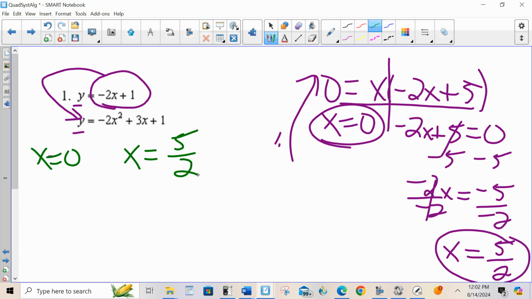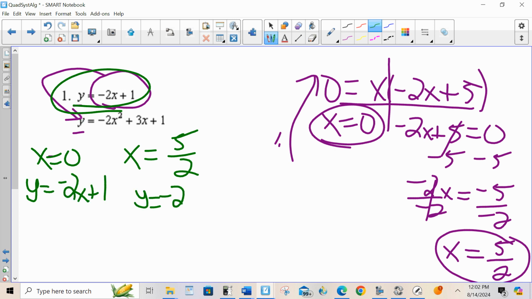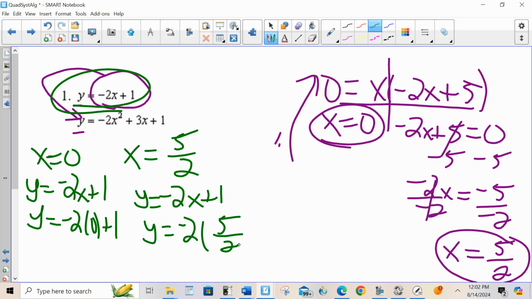Now I'm going to substitute into one of the original equations, whichever one seems easier, doesn't matter which. Negative 2x plus 1 I'm going to choose. And I'm going to replace x with 0, and I'm going to replace x with 5 halves. I'm doing it with each answer that I got. Use a calculator if you need to. That's 1.